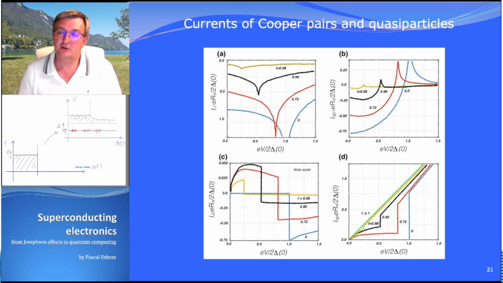You can simulate and you can model the currents of Cooper pairs. These are these two curves, and quasi-particles, these two curves. So this is what we call the sin phi term here.